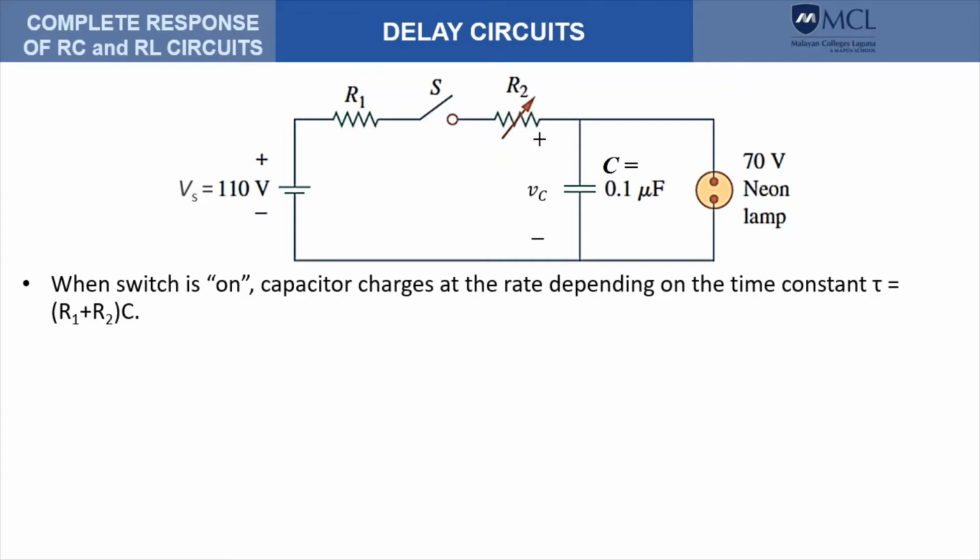Here, for example, it has a 70 volt triggering voltage. If it is not triggered, the neon lamp has a very high resistance because it is open. And once it triggers, it becomes a very low resistance load.